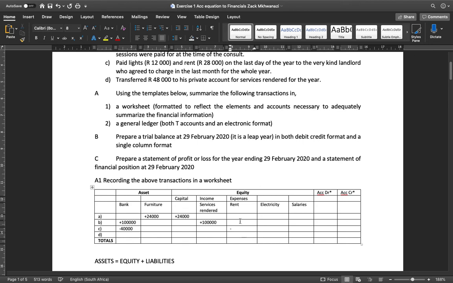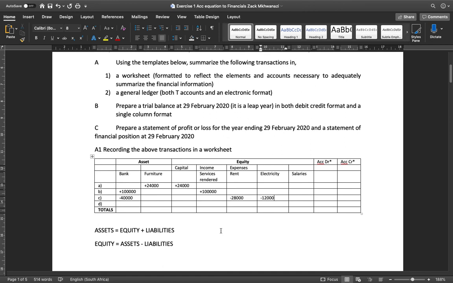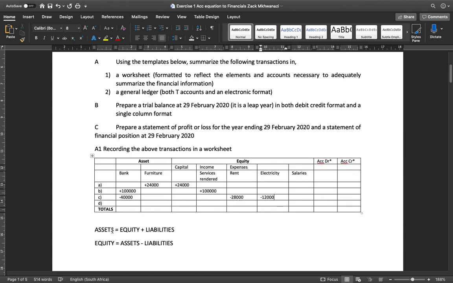So I'm going to minus, the rent was 28,000. So minus 28,000. And then the electricity was minus 12,000. If you go and have a look at your accounting equation, your assets came down by 40,000, and remember your expenses decrease equity, that's come down by 28 plus 12. So you can see that the equation is in balance.